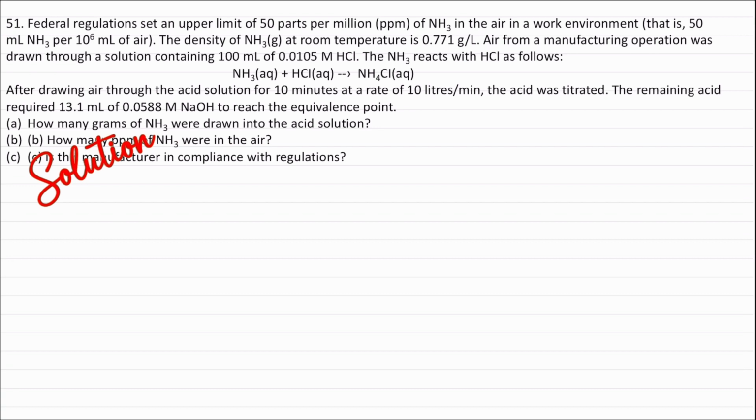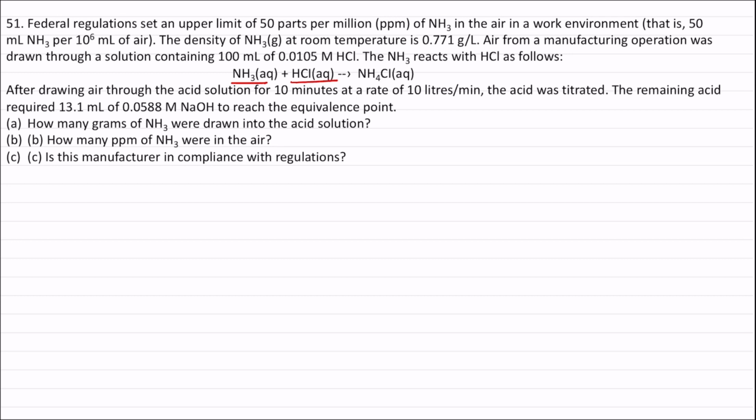Now, equivalents of ammonia will be equal to equivalents of HCl which is used up in the reaction with ammonia. Equivalents of HCl used up in this reaction will be equal to equivalents of HCl present at the beginning of the reaction minus equivalents of HCl which is left at the end.